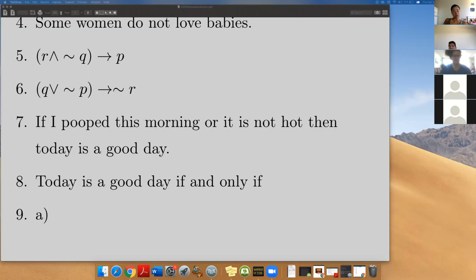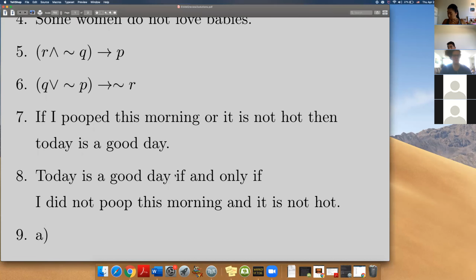Yeah, except you don't need the "if" at the very beginning. You just need the "if and only if" in the middle. So like this. Yeah, "if and only if" just in the middle of the two.